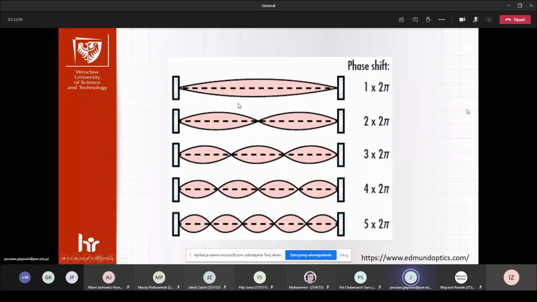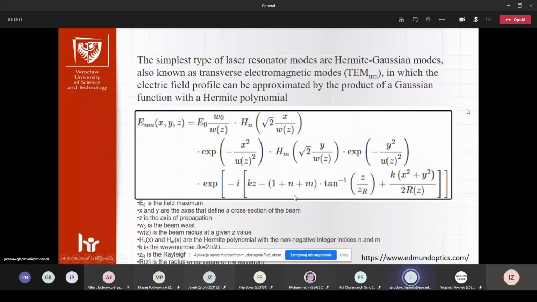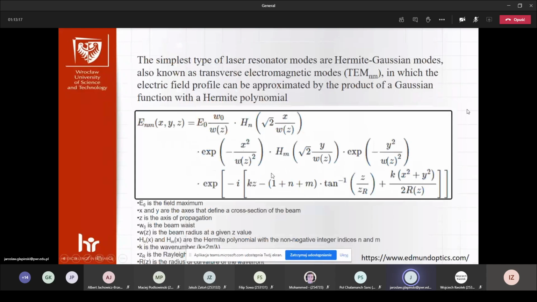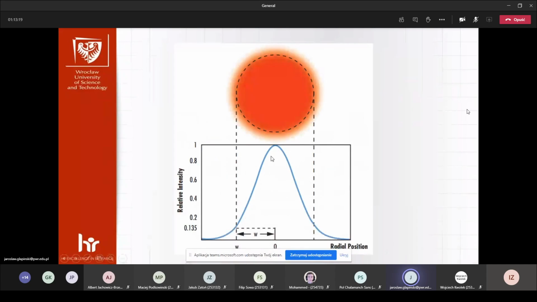What we can achieve is 0.1 millimeter or something like that. But by increasing the number, we also increase the width of this Gaussian curve. So we've got different frequencies going from the laser.